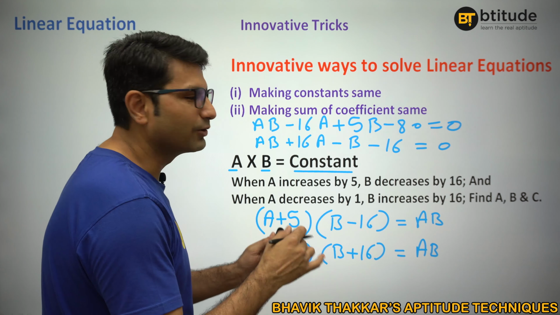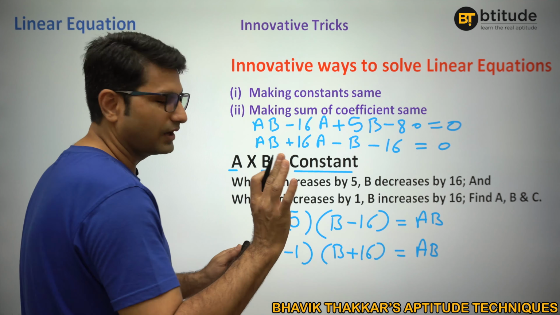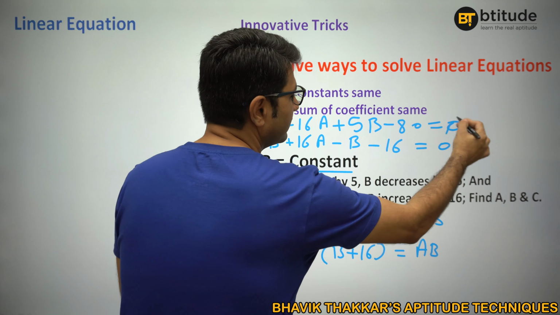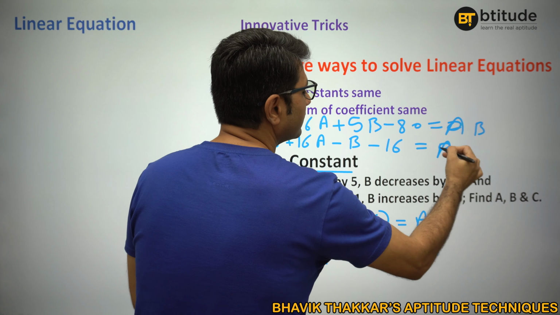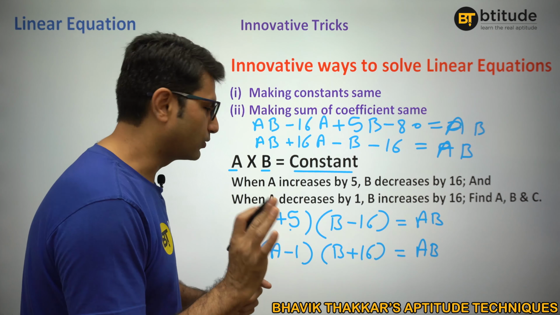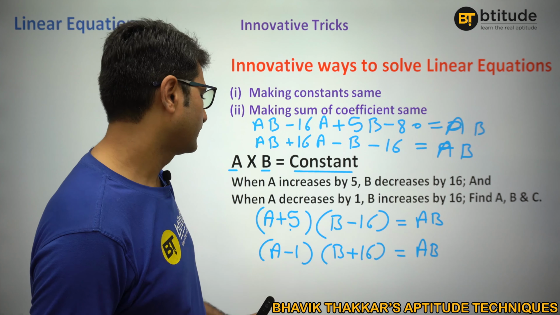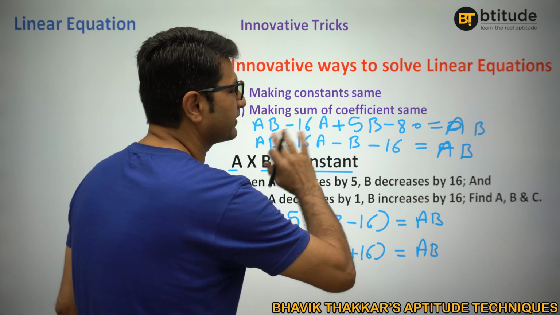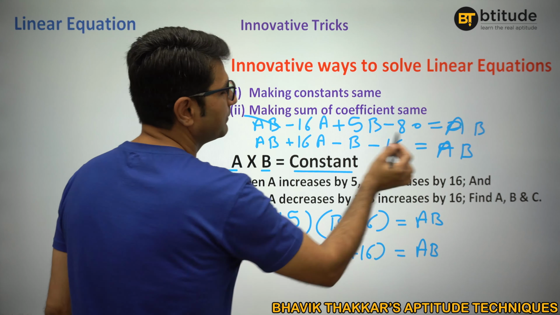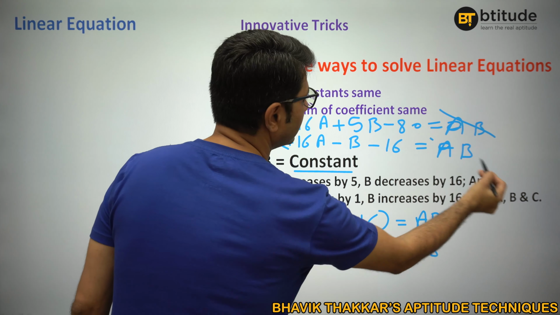Not 0, it is equal to AB, sorry, not 0. It was my mistake to put 0. It is AB as well, and this one is AB as well, right? Now, try to understand. AB is on both sides, right? So you can cancel AB, AB.